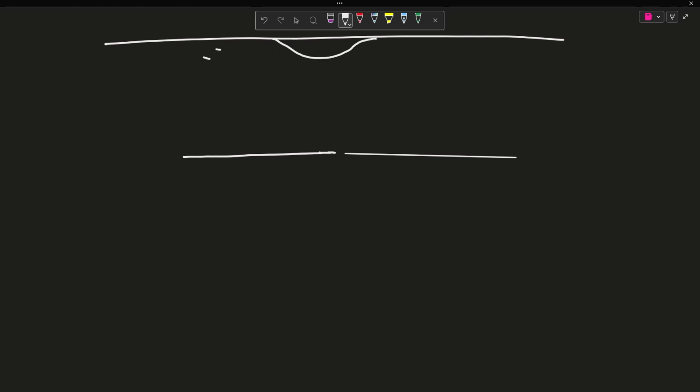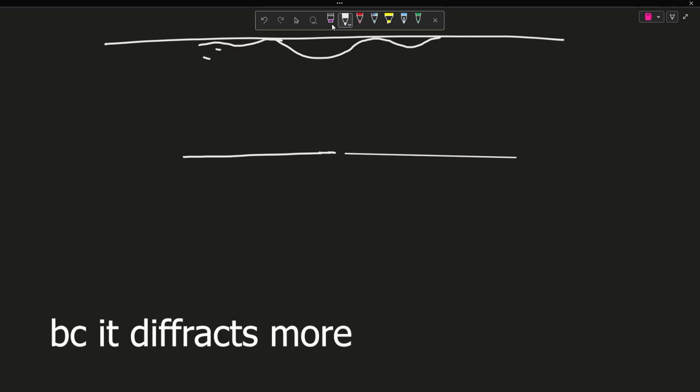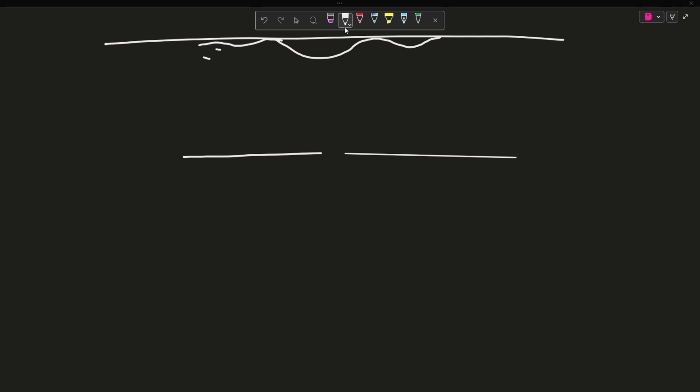So it will be more like this. But if you increase the width of the slit, like that, then the central maximum will be much greater, and the intensity will be greater, and it's less spread out. So it looks like this.